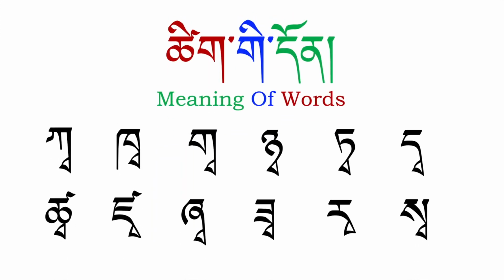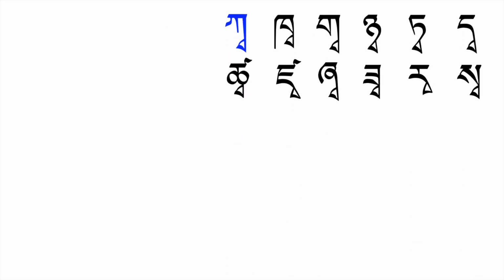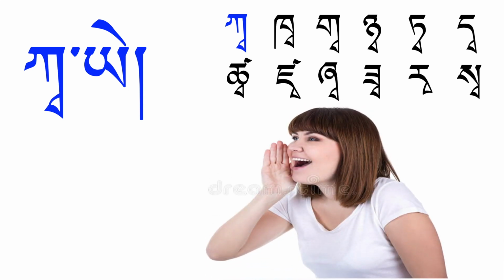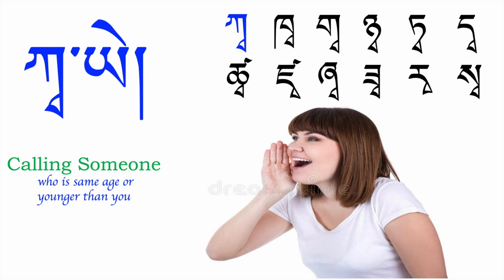Okay, here are the meanings of words. Here we have ka Wassur ka: Kai. The meaning is for calling someone who is the same age or younger than you. We have to remember that: same age or younger than you.